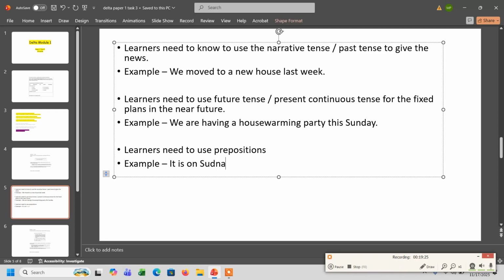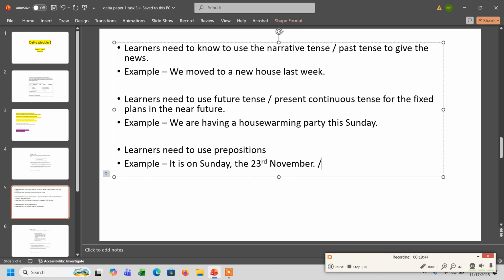Okay, so example, it is on Sunday, like the 23rd November, like that. Okay, the 23rd November on Sunday.